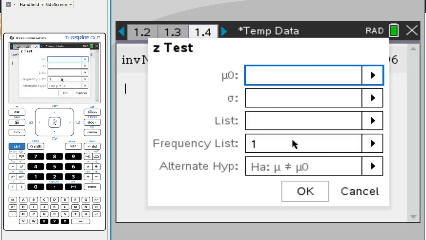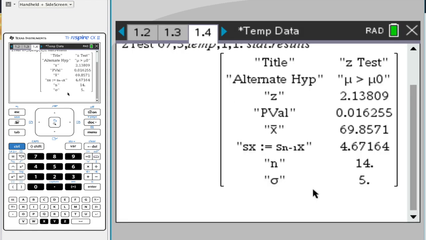Our mean hypothesized is 67. Our population standard deviation is 5. We're going to use the temp list with frequency of 1. Our alternate hypothesis we're testing is that it's greater than our 67 average.